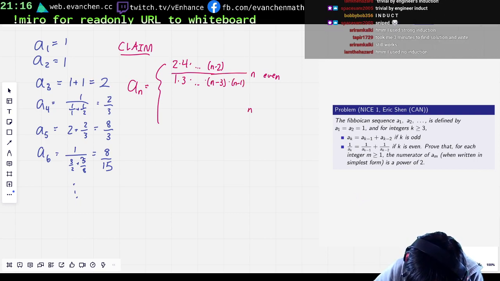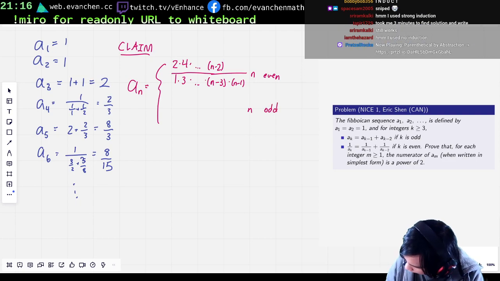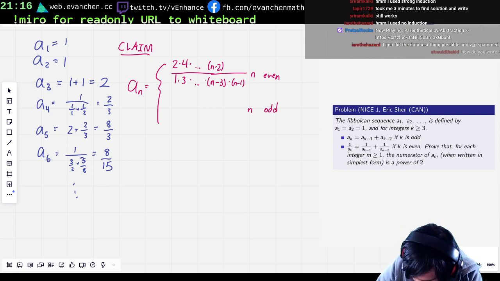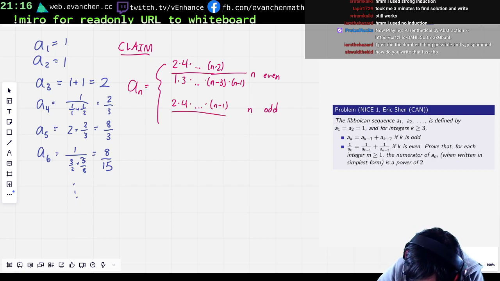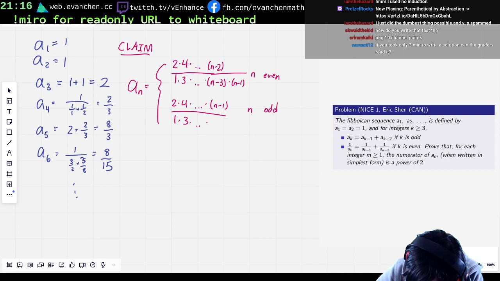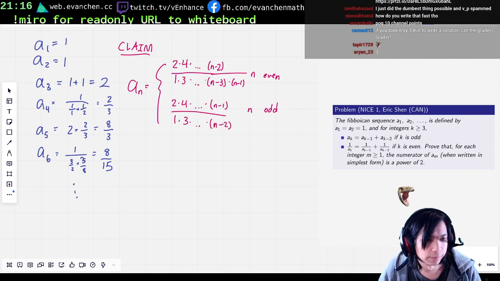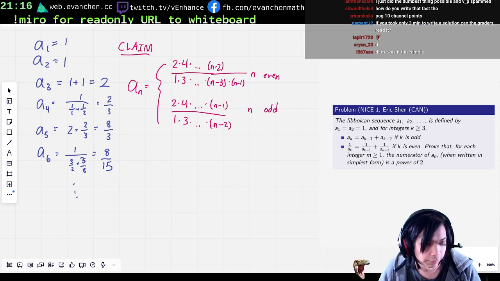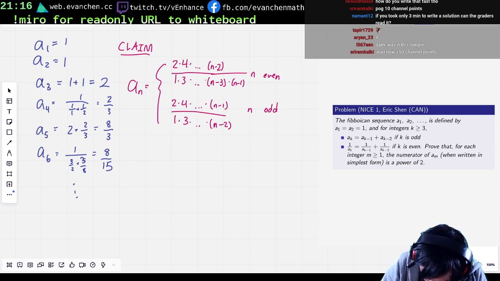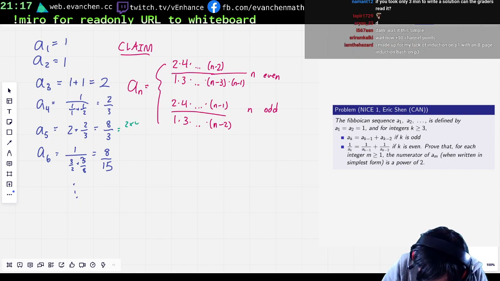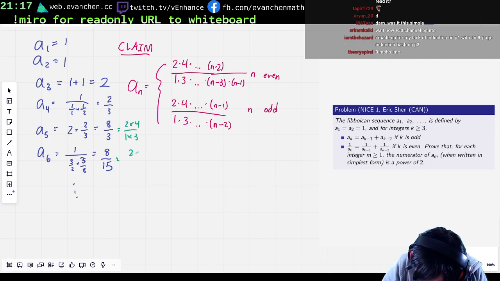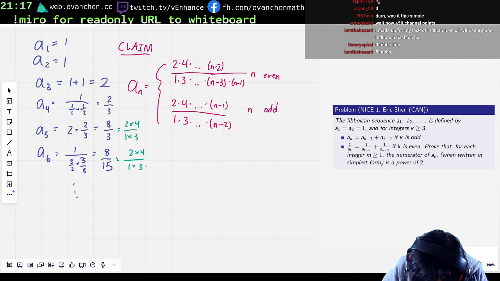Whereas when n is odd, it's given by what looks similar. I'm writing it in a slightly weird way, but it's okay. It's the evens over the odds again. And you can see this already in the first few examples: 2, 2/3, 8/3, 8/15. This is your 2 times 4 over 1 times 3, and this is 2 times 4 over 1 times 3 times 5.